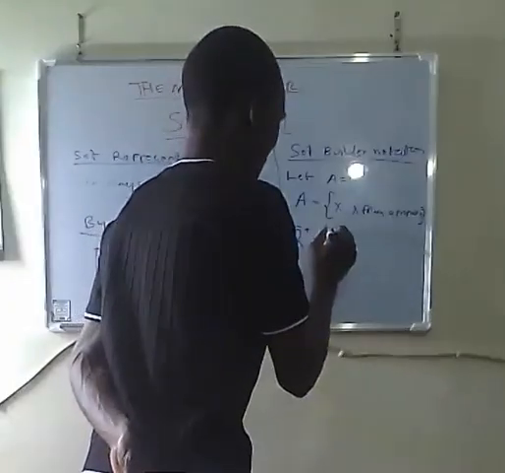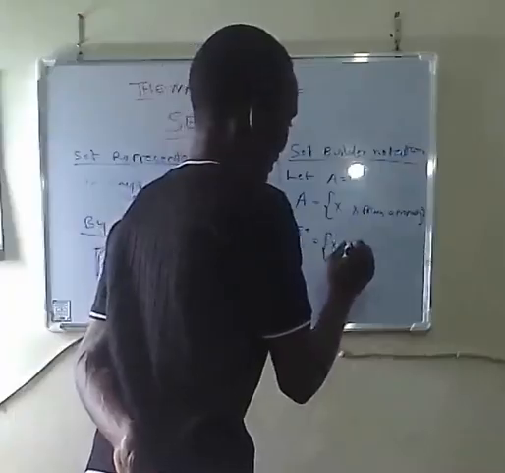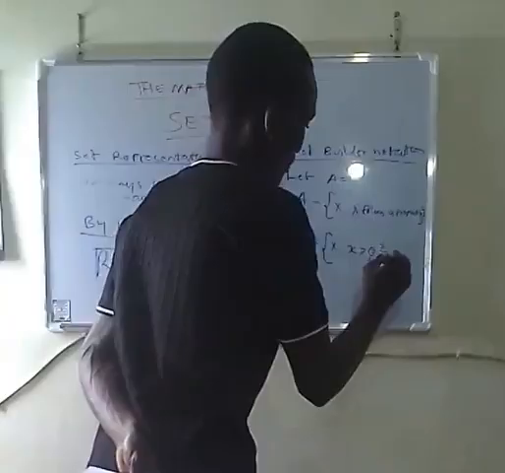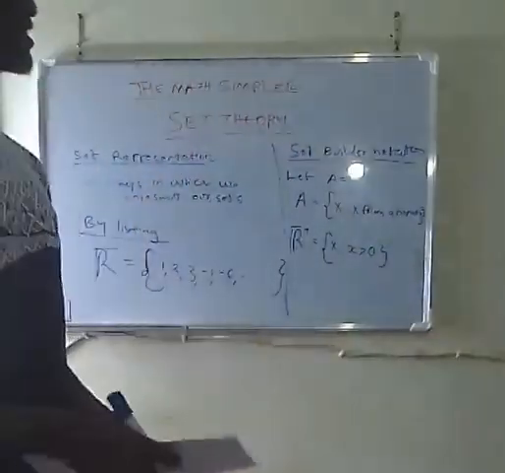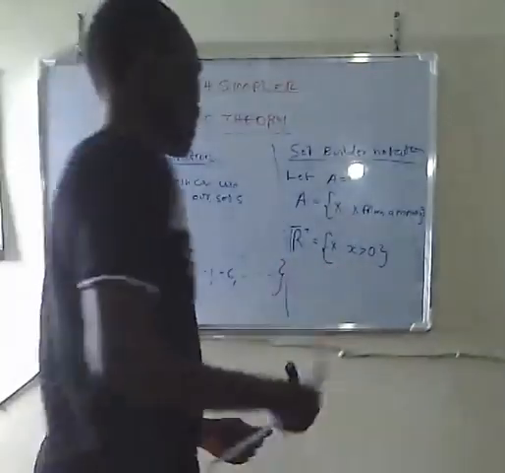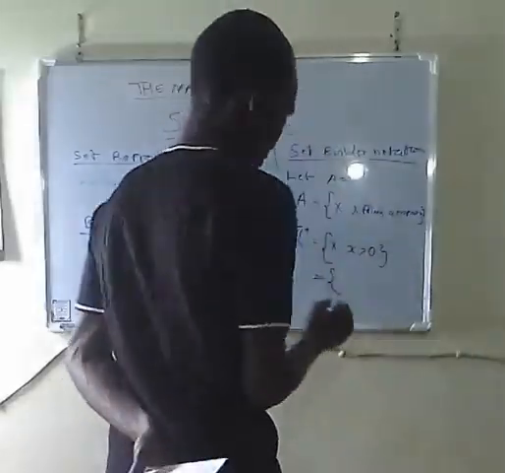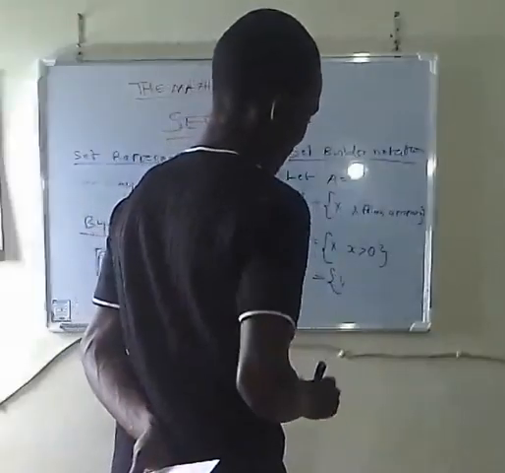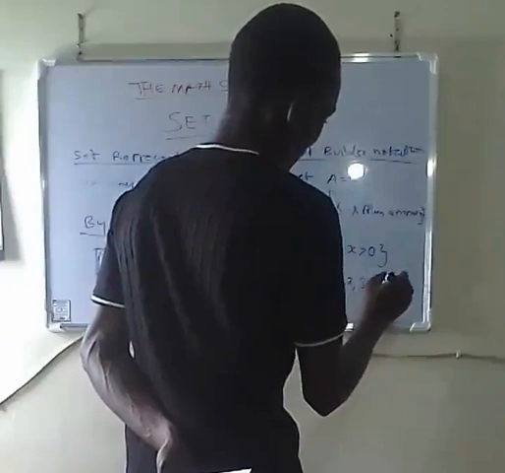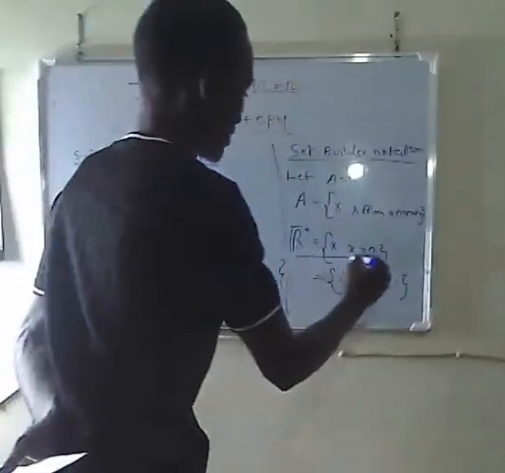This is what we call set builder notation, meaning this is a set of numbers above 0, starting with 1, 2, 3, 4, etc. So this one is called set builder notation, and the other is called the listing method. Those are the two ways in which our sets can be represented.